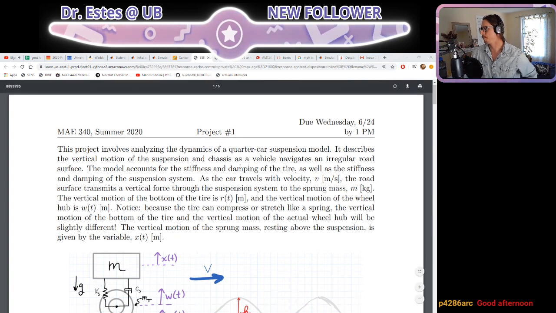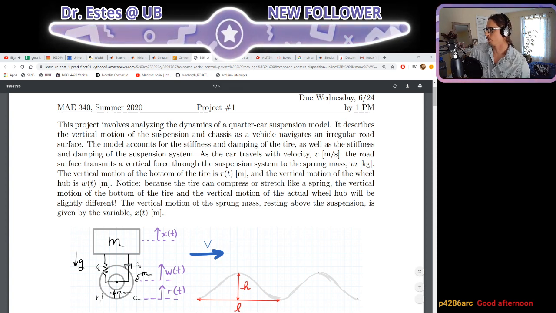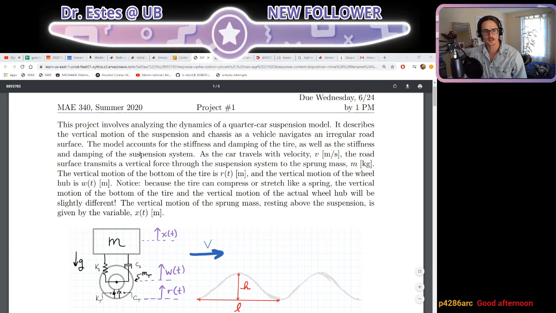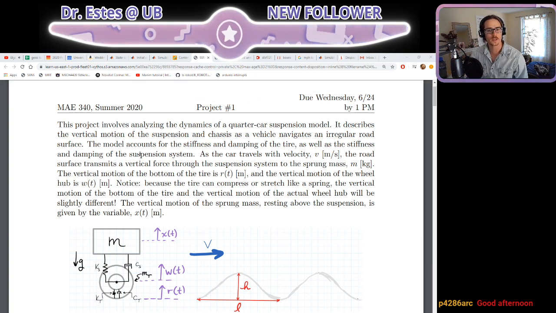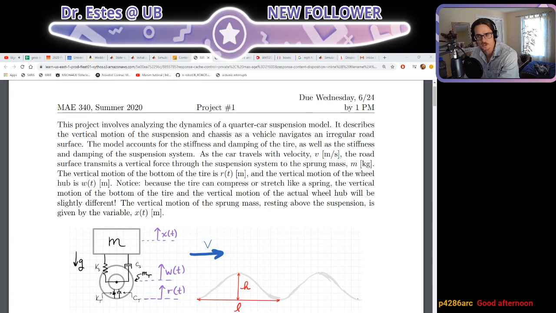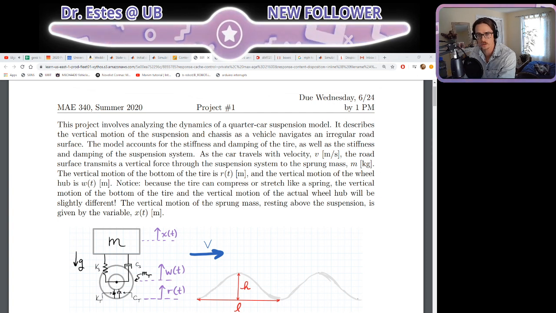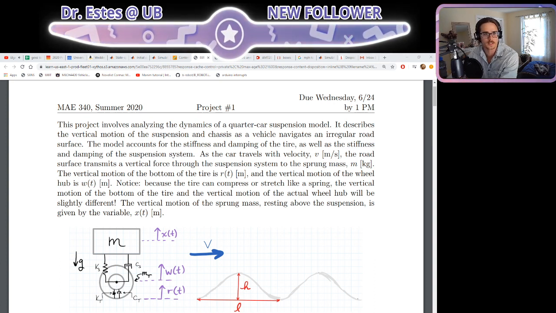So let's get this picture in here. We are going to analyze the dynamics of a quarter car suspension model. It's quarter car because it's 1/4 of the car. It looks at one tire and the suspension elements at that one tire.